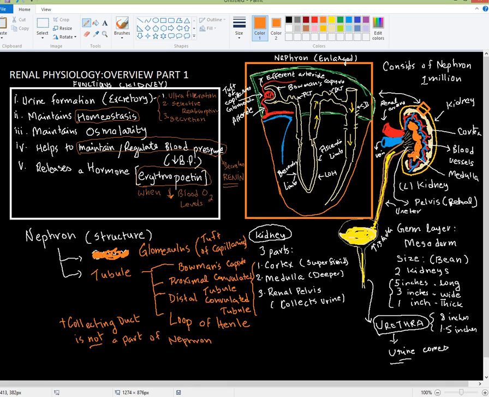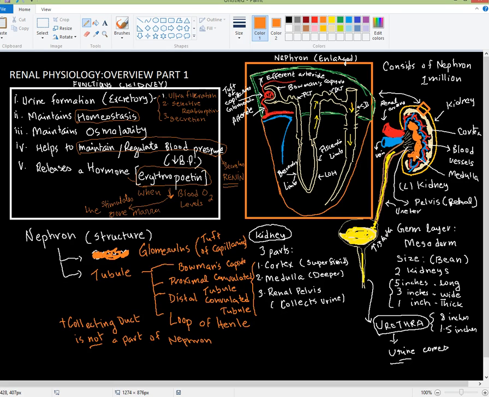So it releases this hormone, erythropoietin, and what this hormone does is stimulate the bone marrow.